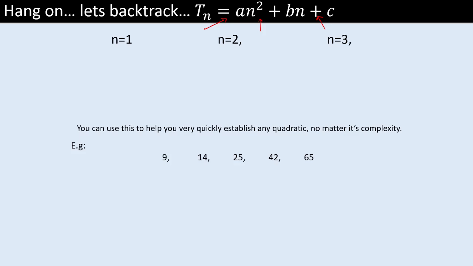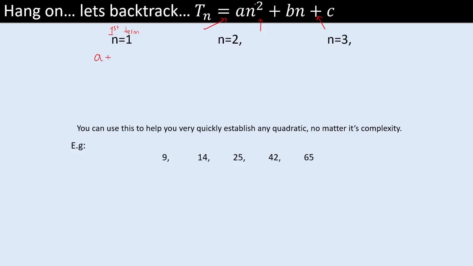for this generic quadratic. So what happens if n is equal to 1 for our first term? Okay. Well, if n is equal to 1, I've got 1 squared, which is 1, times a. Well, 1a is just a.